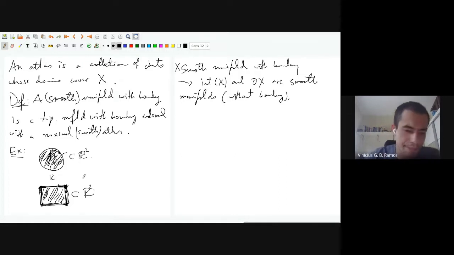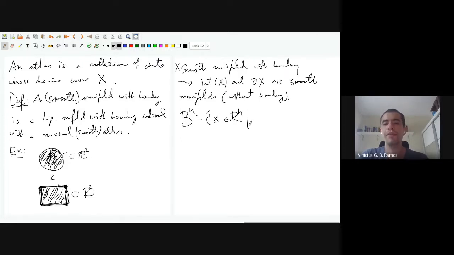Okay. All right. So another example in higher dimensions of this is the ball. It's a very easy example, but very important. So it's the set of points whose norm is less than or equal to 1.